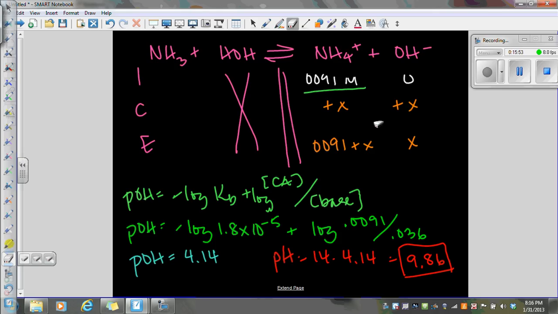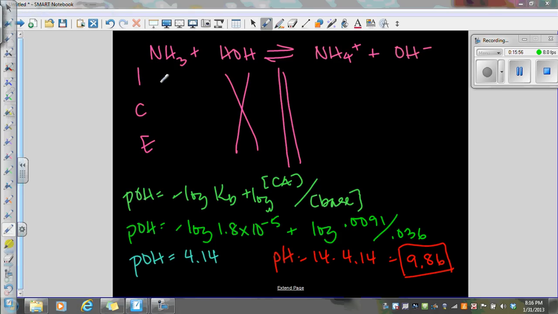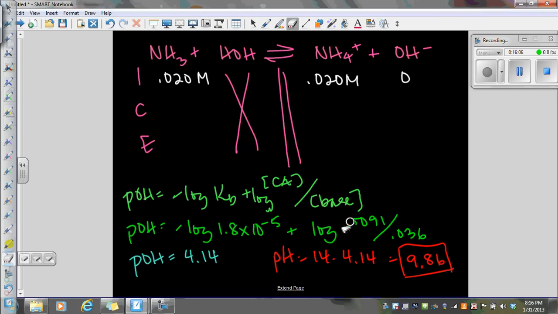So if I think about what I have: 0.020 molar and 0.020 molar, no hydroxide. I could use Henderson-Hasselbalch. I could do an ICE chart. I can do either. Henderson-Hasselbalch is faster, so I'm going to do that. I'm going to substitute these two values into Henderson-Hasselbalch. When I do that, I realize that this ratio is 1, and the log of 1 is 0.